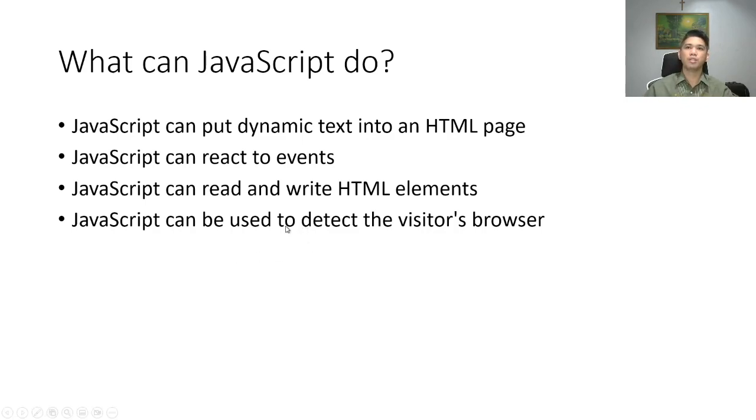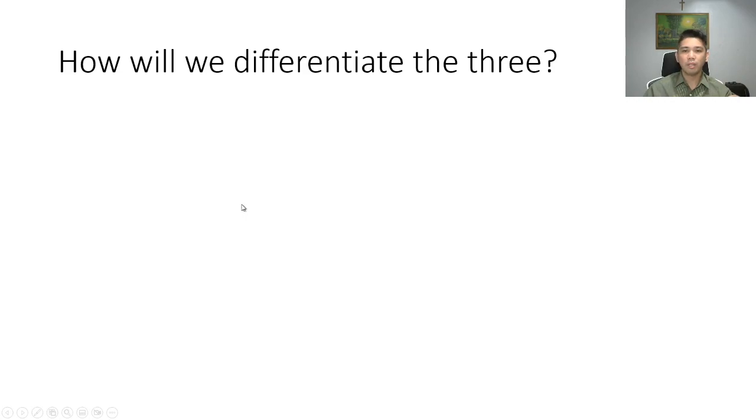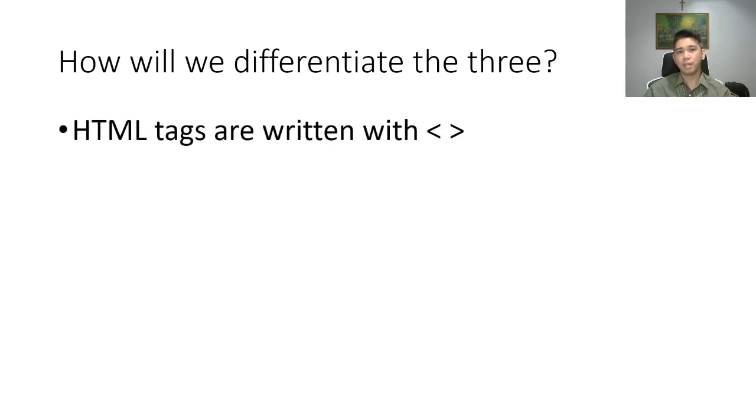And of course, as beginning web developers, we must start with basic things, like how we should first differentiate the three different languages that we have talked about. First, HTML: to simply identify tags, it must be written with less than and greater than signs.